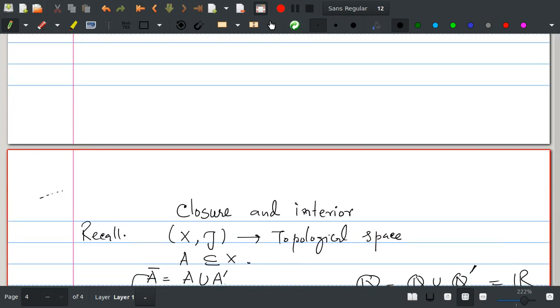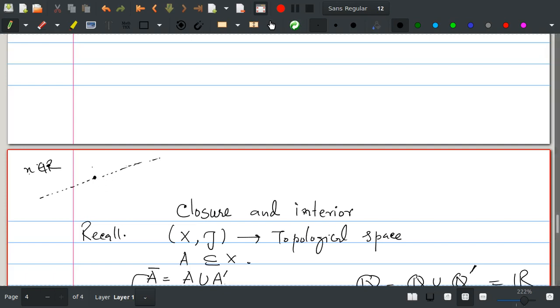Suppose x is any real number in R. So we claim this x is actually a limit point of Q. This real number may be rational as well as irrational.